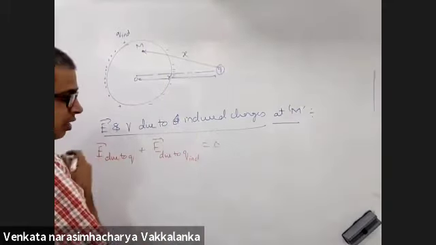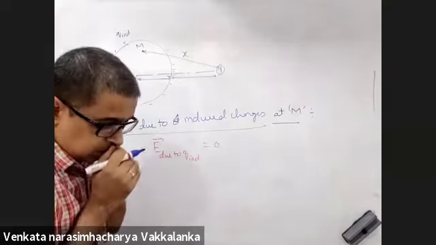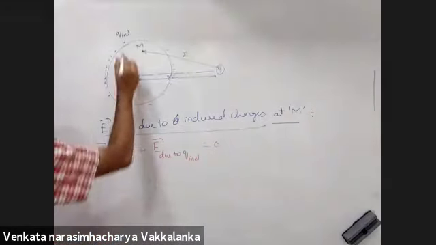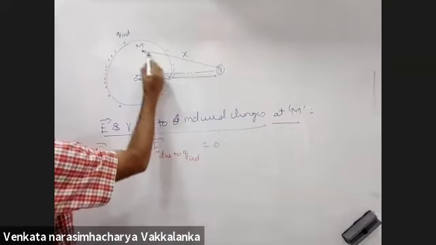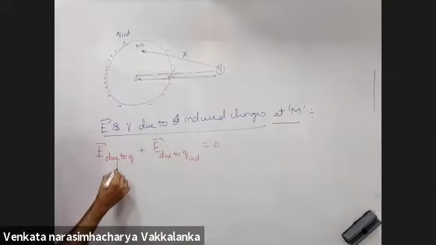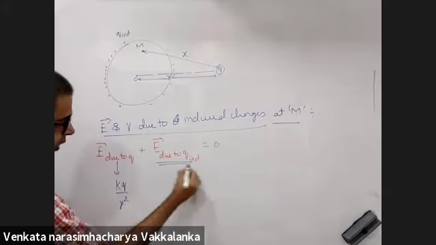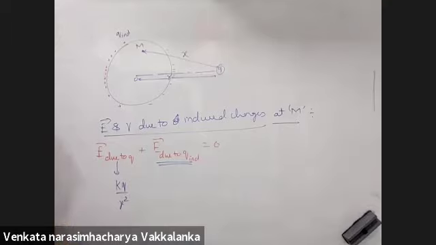Anybody who has a doubt here? No, sir. Okay. So Q will produce how much field? Due to Q will be KQ by X squared. Q induced will be negative of this.